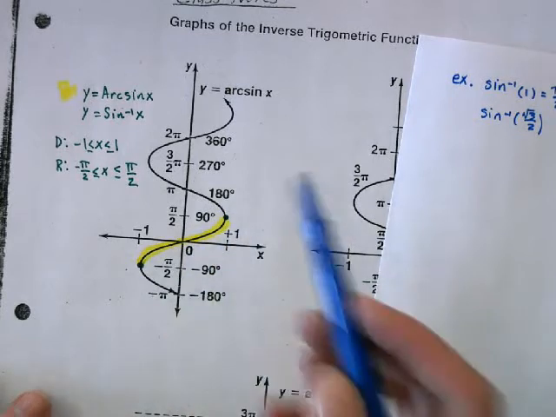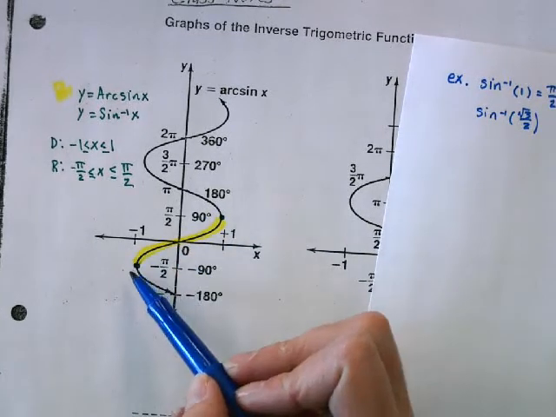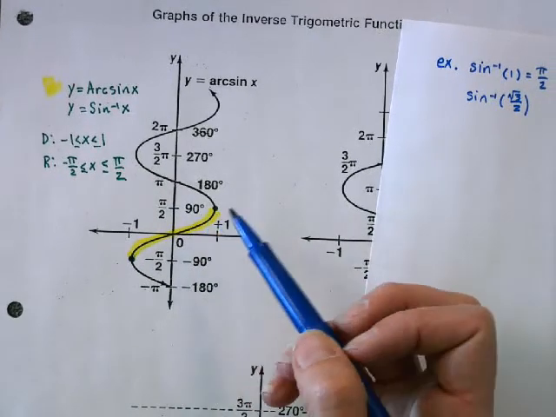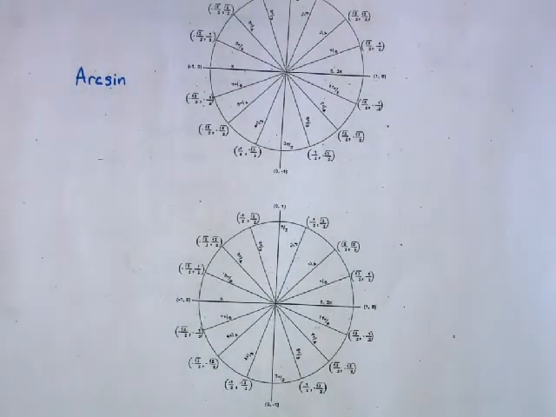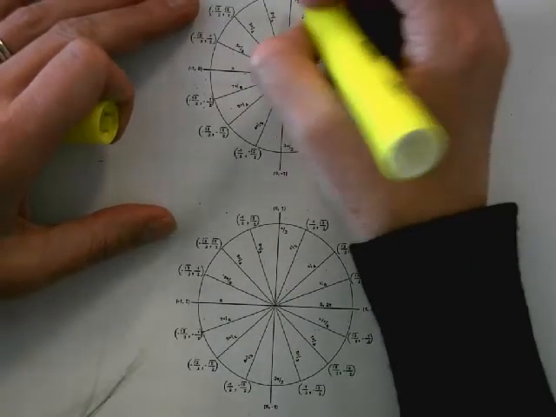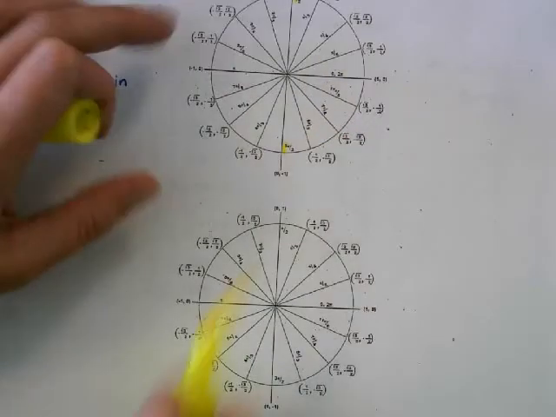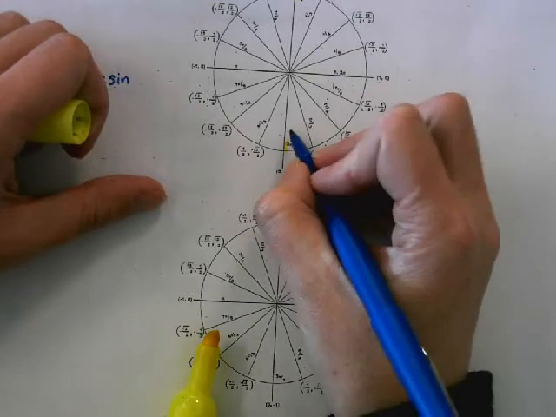So we're going to highlight from -π/2 to π/2, and those are going to be the only locations we're going to look at for sine. Well, π/2 is up at the top of the circle. Negative π/2 is down here at the bottom of this circle.